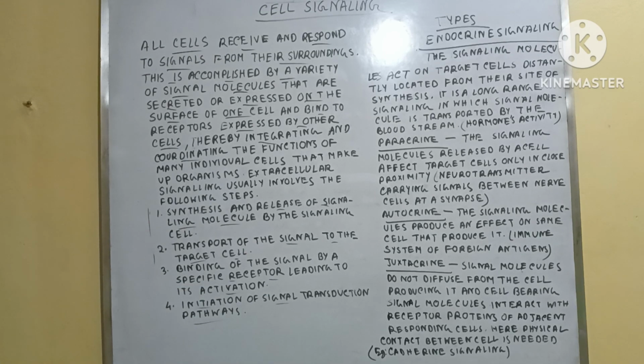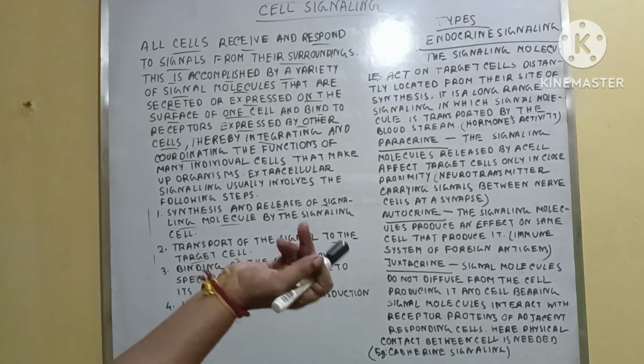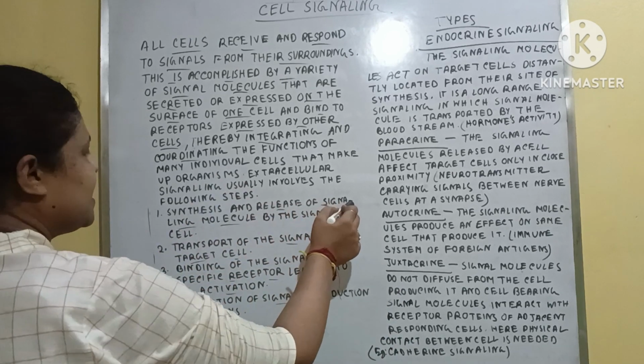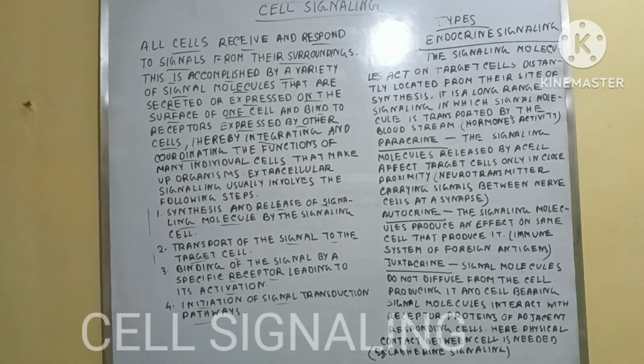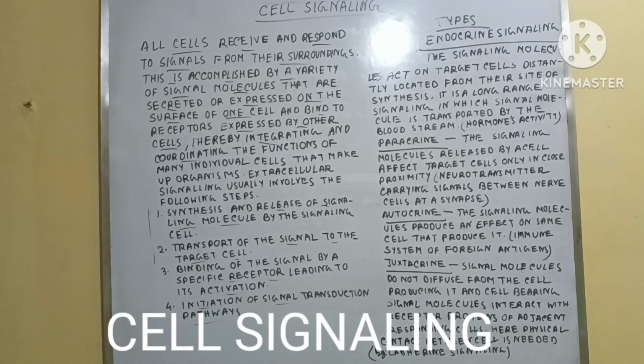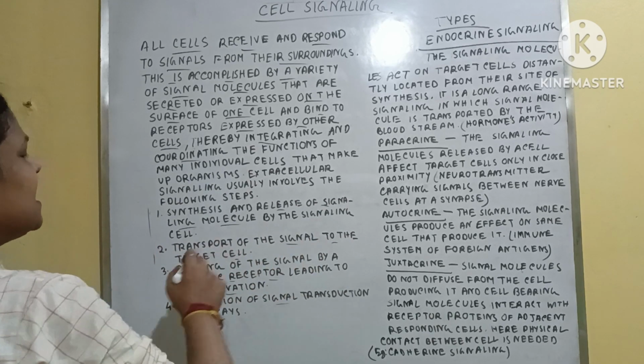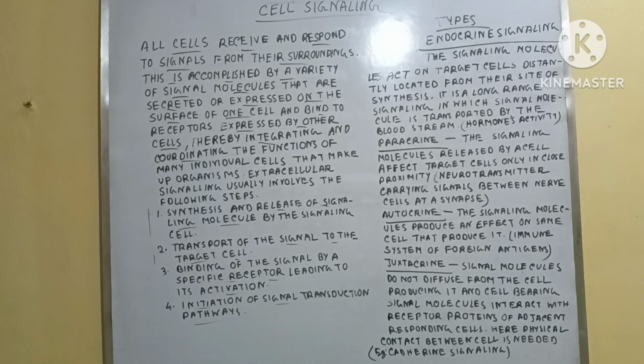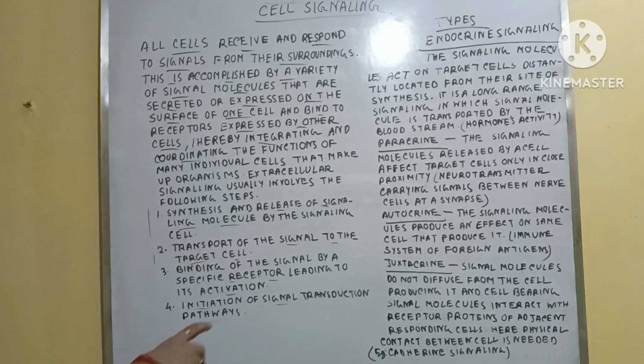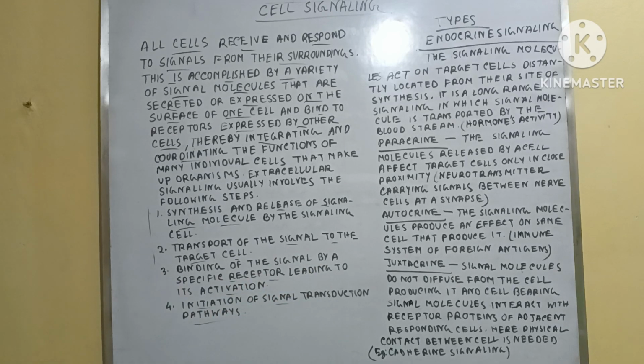And what are the steps of cell signaling? First, the synthesis and release of the signals in the bloodstream or surrounding the cell. Second, the transport of the signal to the target cell. Third is binding of the signal by the specific receptor, leading to its activation.